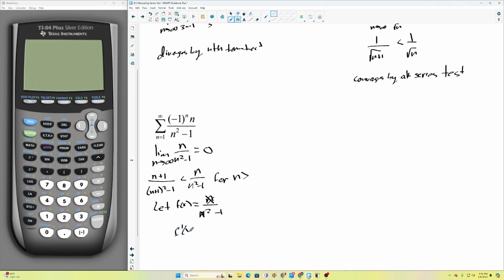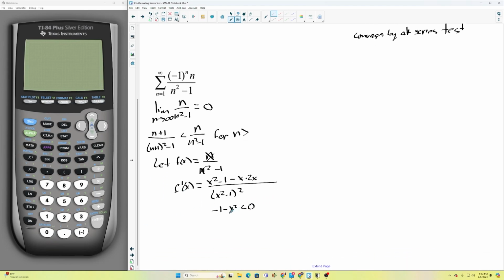So f prime of x is equal to bottom times the derivative of the top minus top times the derivative of the bottom over the bottom squared. So we need negative 1 minus x squared to be less than 0. Well, I mean, you could do this.